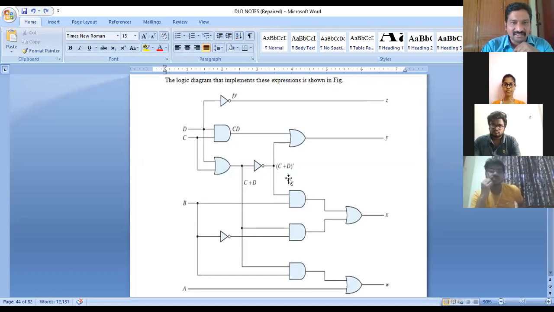Now straight away I can say that this is a combinational circuit. How can I say it is a combinational circuit? These are the inputs, right? And these are all logic gates. W, X, Y, Z are the outputs. There is no memory element, so it is a combinational circuit.